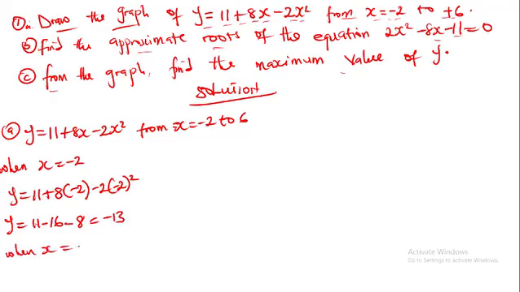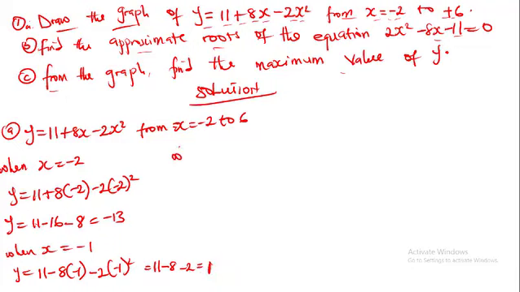When x is equal to minus 1, y will be equal to 11 minus 8 into minus 1 minus 2 into minus 1 squared, and then this will give us 11 minus 8 then minus 2, which is equal to 11 minus 2 minus 8 is 3 minus 2 is 1.